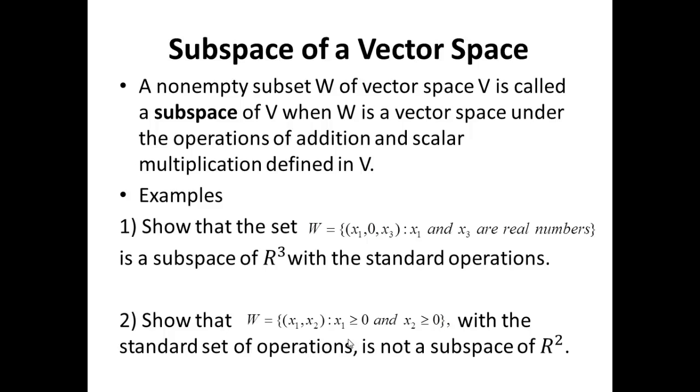Now, does that mean that each time we are given a subset of a vector space and asked to verify whether or not it is a subspace, we would have to go through all these 10 axioms?